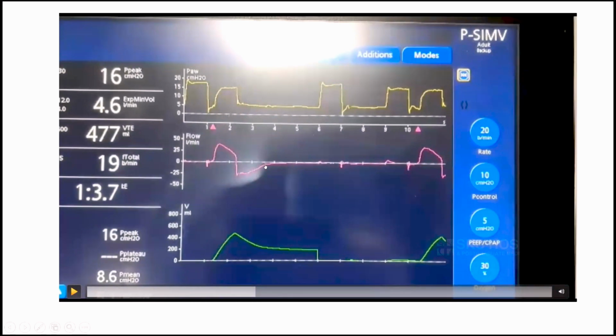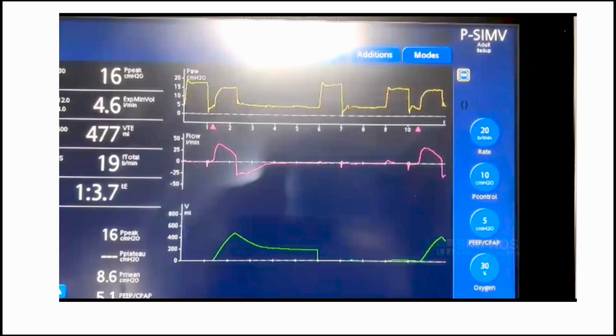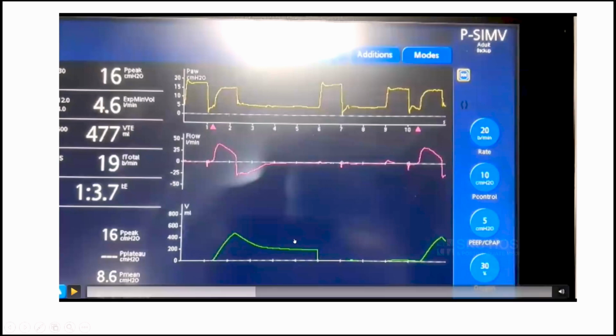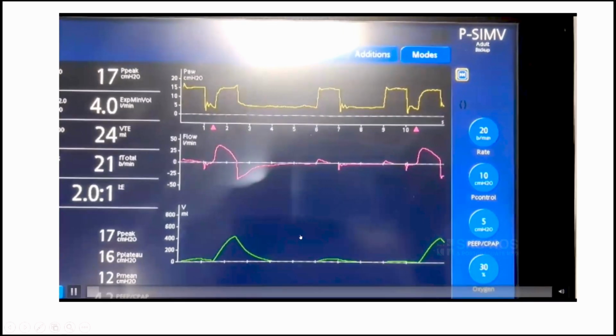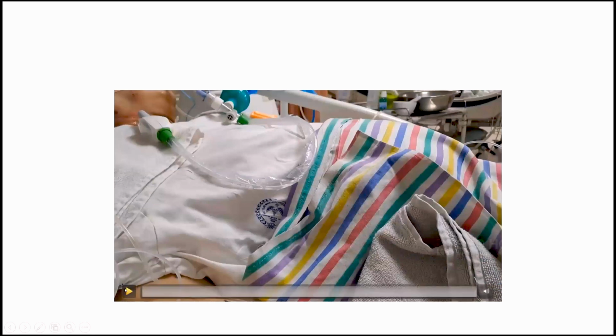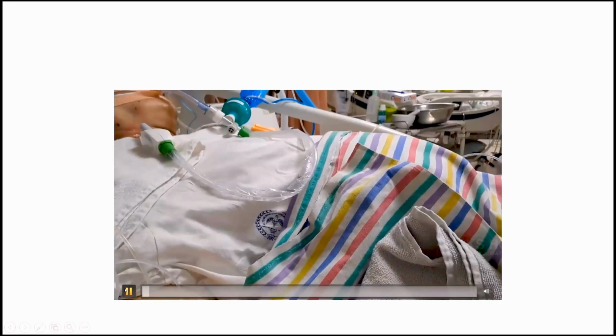So this is a patient who had high dose opiate sedation, and the mechanical breaths were hardly going through. Following a mechanical breath, he's actually triggering a breath, which may be triggered onto either a pressure supported breath or a pressure controlled breath. This is typical of a patient who is having an active exhalation.